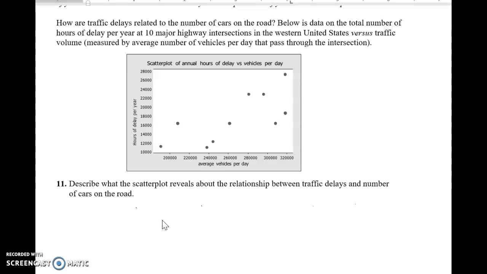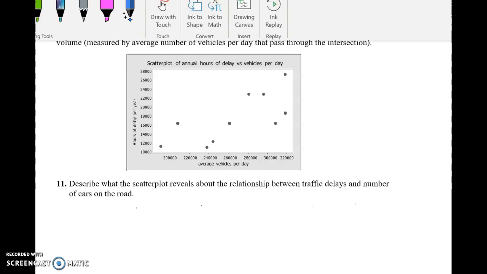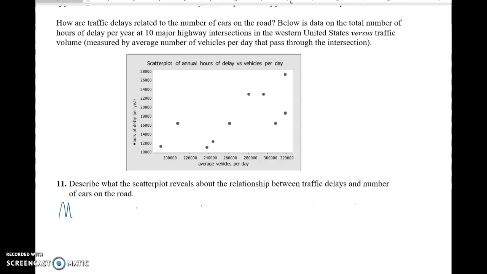But we would want to indicate a moderately positive, possibly linear relationship between the variables.